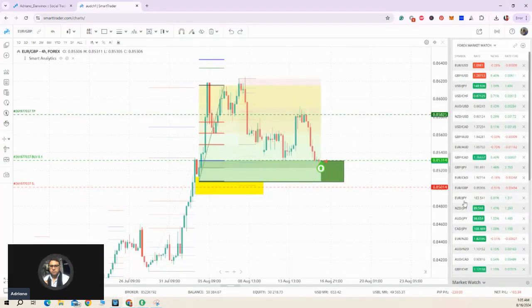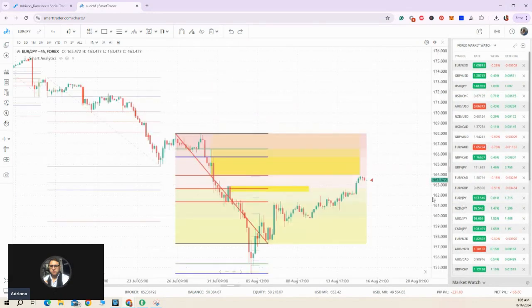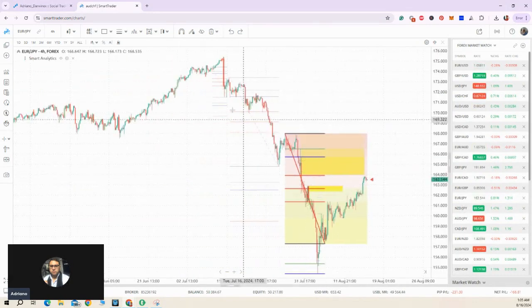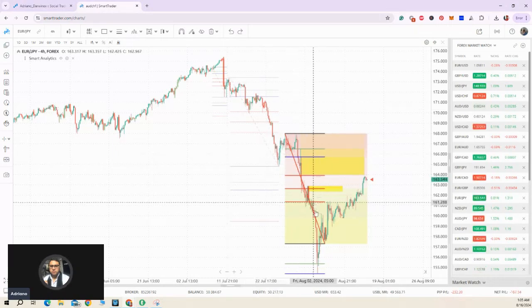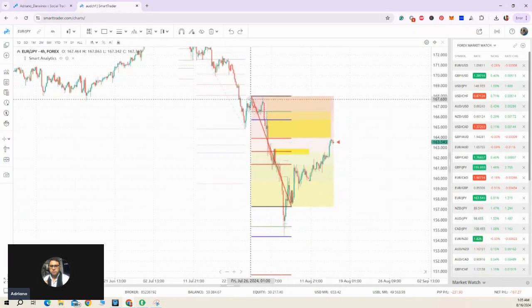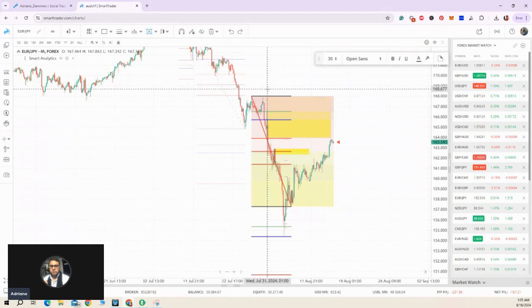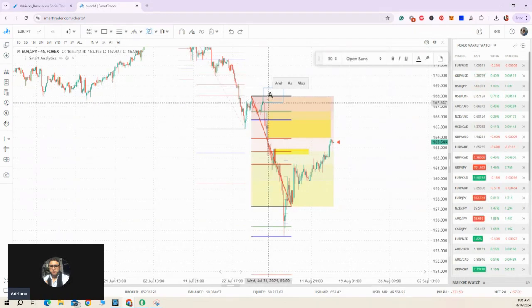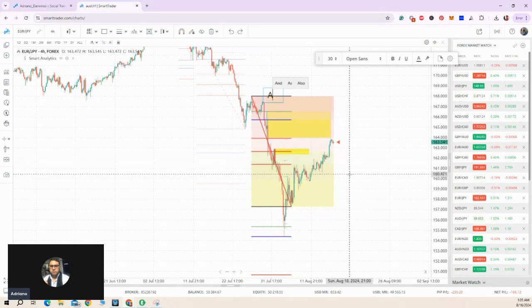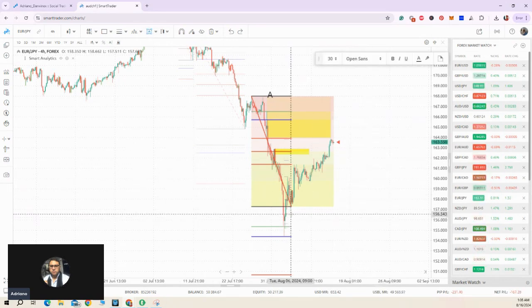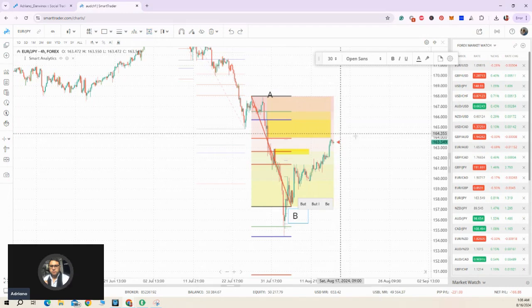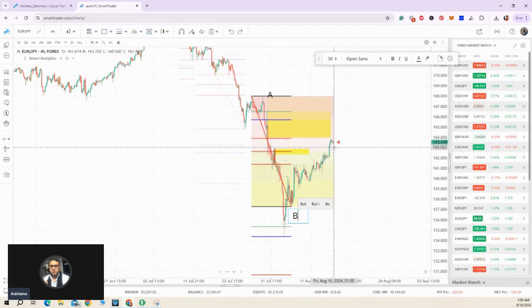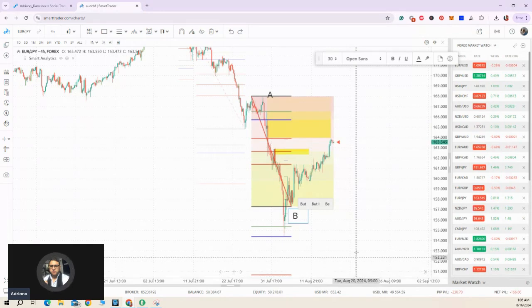So that's Euro Japanese yen. Euro Japanese yen, you have a downswing. We have B, and this, we don't know if this is the C yet because it didn't hit the profit target.